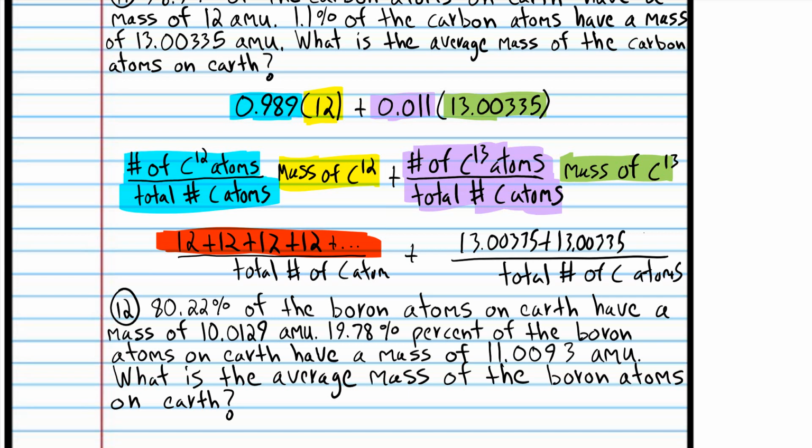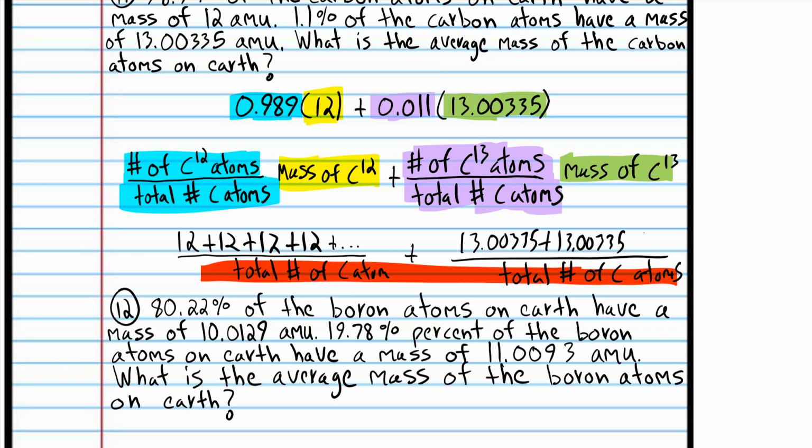And then we're going to add up 13.00335 as many times as there is a carbon-13 atom on Earth, and then we're going to divide by the total number of carbon atoms on Earth, and so that's going to give us the arithmetic mean of the masses, or of the mass of a carbon atom.